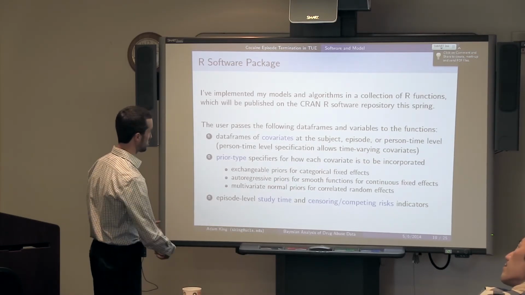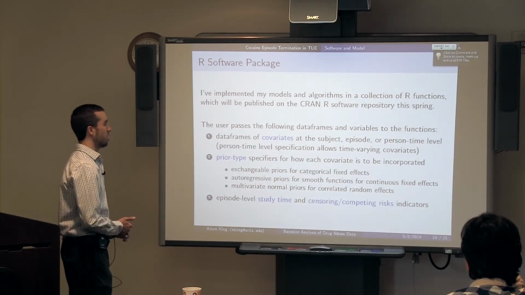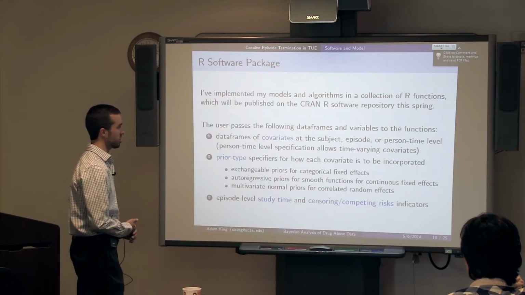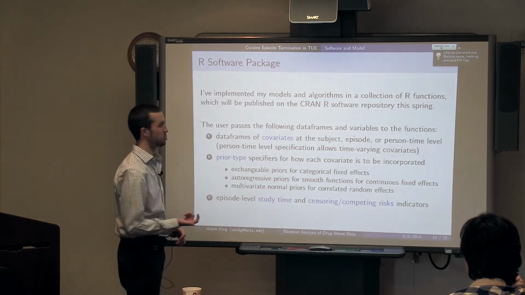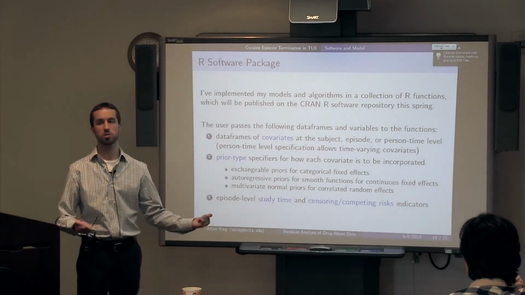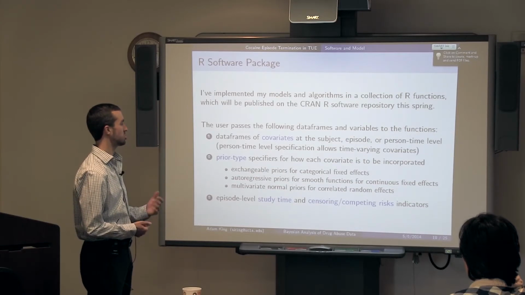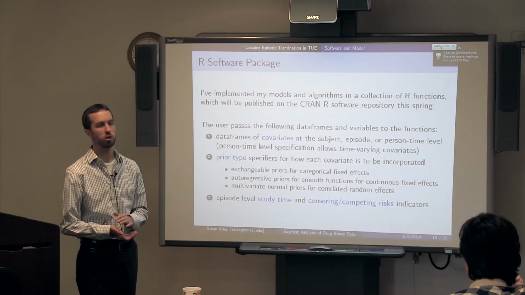And how this works is you just pass a collection of covariates to the functions, and these covariates can be specified at the subject level, like you might have the subject's race. They can be at the episode level, like how many previous episodes of cocaine use the person's had, or they can be at the person time level. So this allows you to have time-varying covariates.